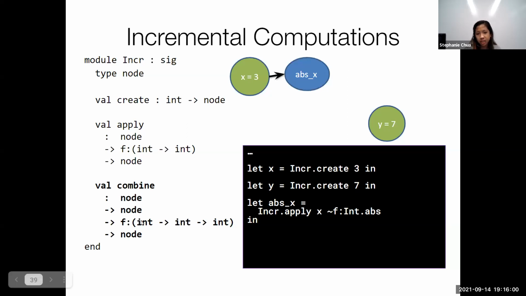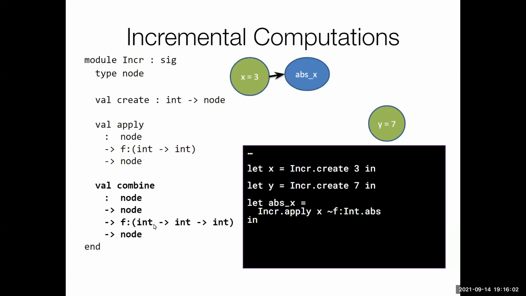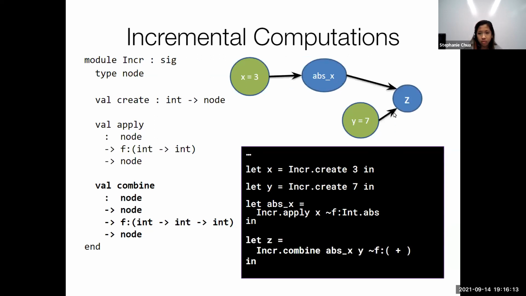The f in combine takes in two integer arguments and returns a new integer, instead of just one. Okay, so we can finally get our z by calling incr.combine on the two nodes abs_x and y and applying arithmetic addition.